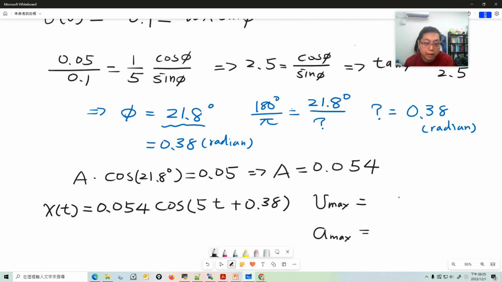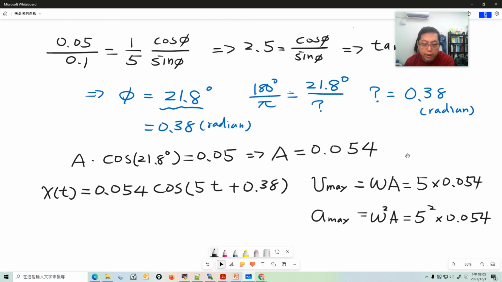But Vmax and Amax are changing. Vmax is omega times amplitude, and Amax is omega squared times amplitude. So omega is 5 times the amplitude, and Amax is 5 squared times the amplitude. So what's the value?